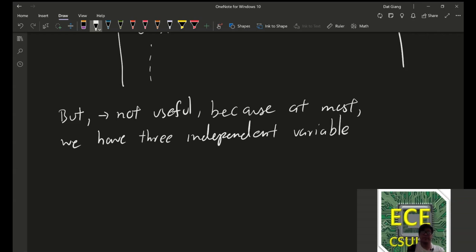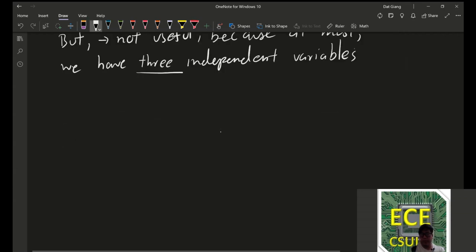So the discussion about finding the Jacobian in 4-dimensional space, 5-dimensional space, 10-dimensional space becomes impractical because we can't exactly use it to our advantage. So we have 3 independent variables at most.